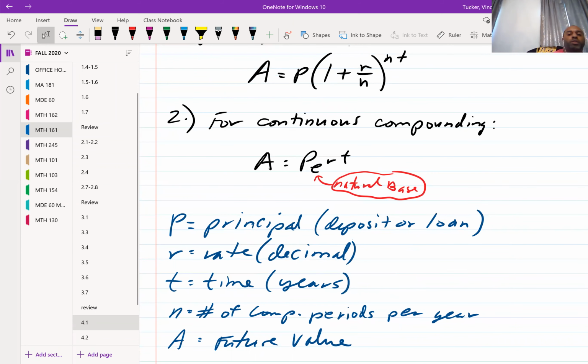P is your principal, which is your deposit or loan. r is your rate. Don't forget to convert it to decimals before you do your calculation. t is your time in years, so you will convert that to years if necessary. n is the number of compounded periods per year, and A is your future value, how much will actually be in your account after a certain amount of time has passed.